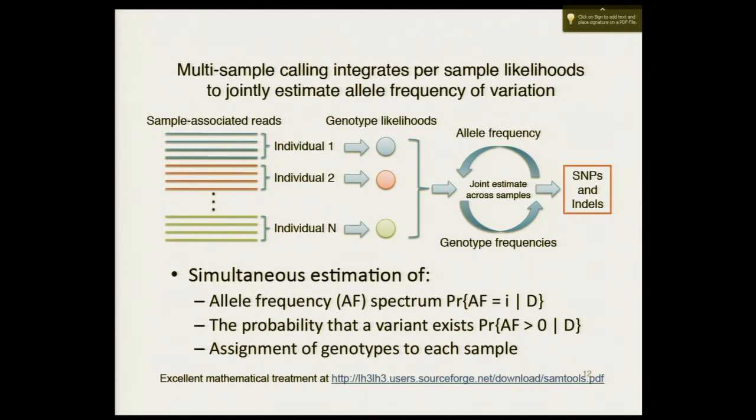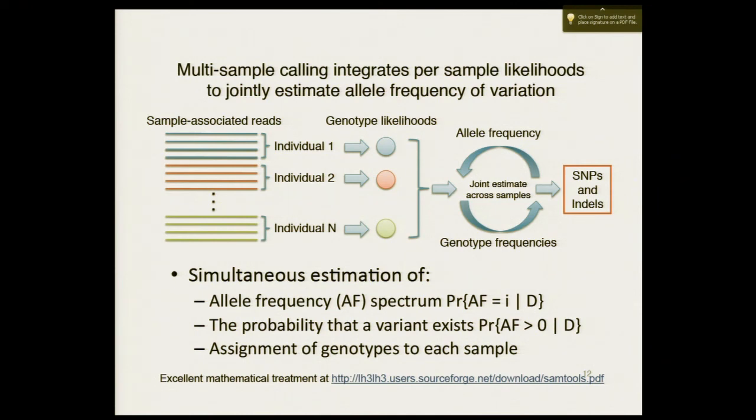We have a population frequency prior that we can apply. So essentially, at the end, we have this distribution that tells us what's the probability of having a certain allele frequency, or to be more precise, an allele count of 0, 1, 2, etc., given your data.